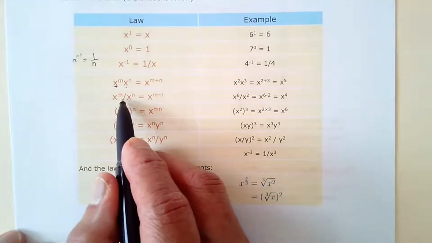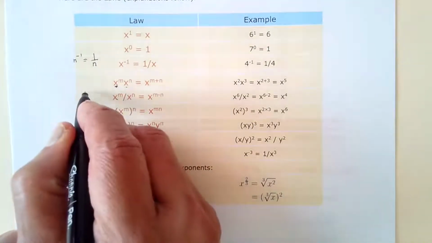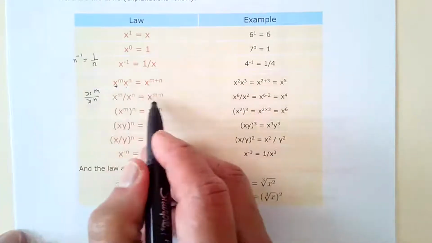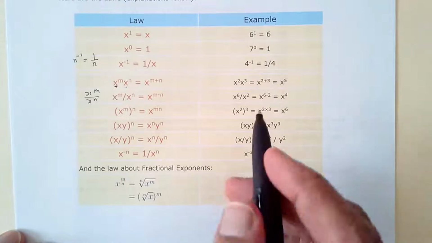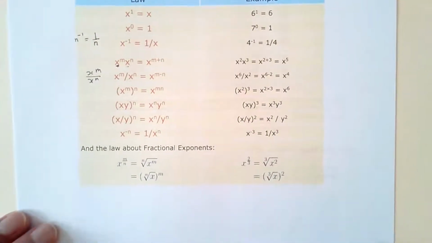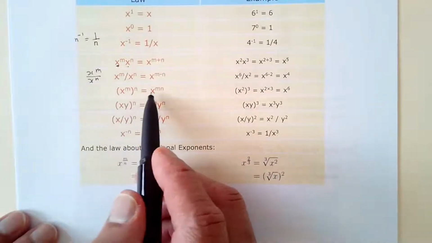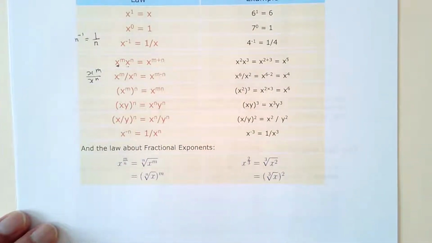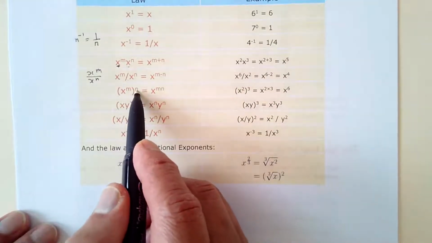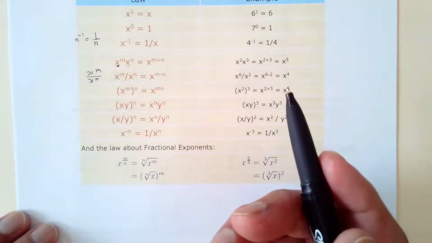When we're dividing, x to the power m over x to the power n, we subtract the exponents, as in this example, x to the power 6 minus 2. When we have it in brackets, x to the power m in brackets to the power n, we multiply the exponents.